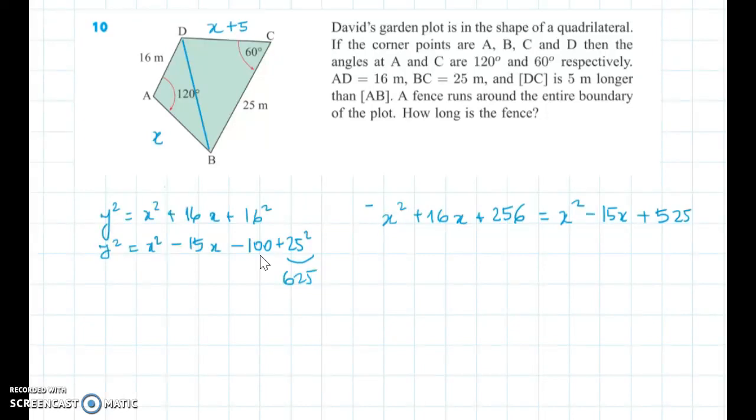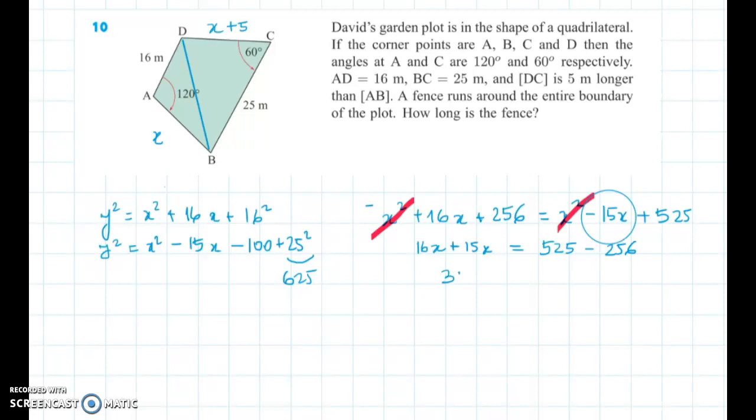Well, our goal is to solve this for x, so we're going to begin by canceling. We have x squared on both sides, so we can subtract it. And then we can say that 16x plus 15x, that's the 15x we have here, the minus 15x we have here, has to be the same as 525 minus 256.